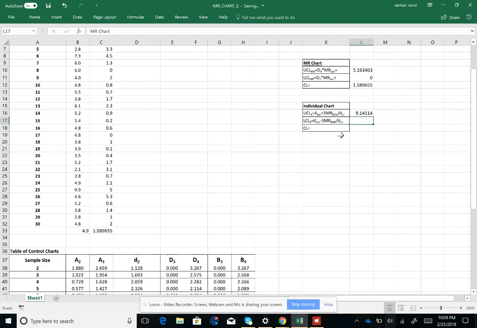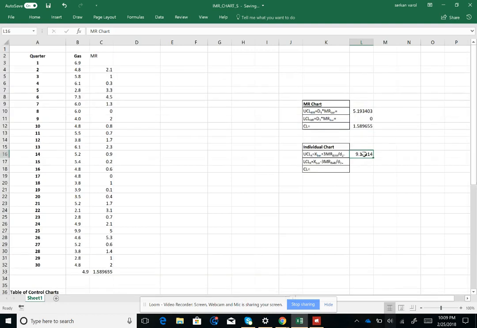So how do we calculate the lower control limit? I'm going to be using the same formula. I'm going to do copy paste. All right, the only thing that I need to change here is the plus sign.